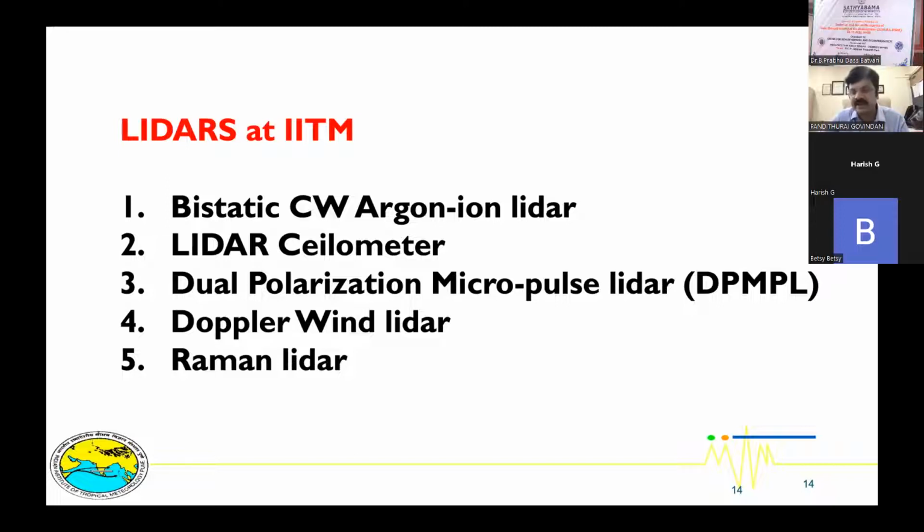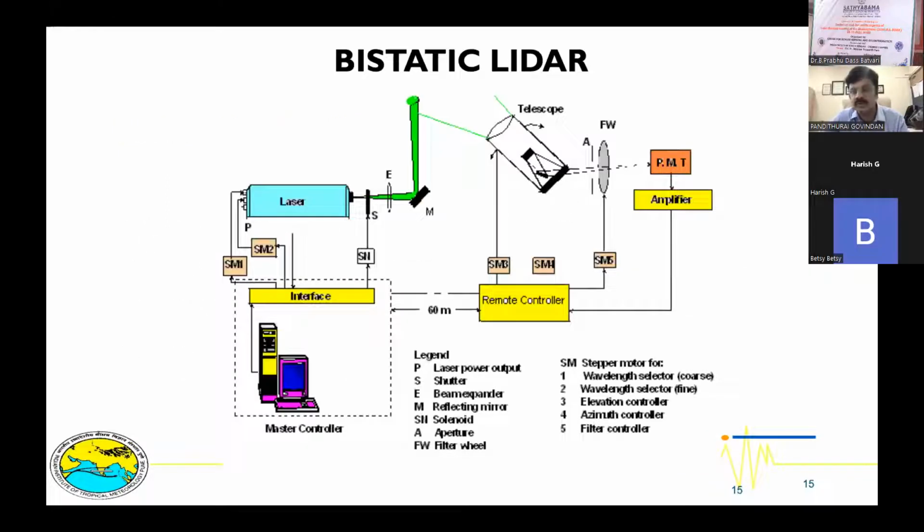But given the limit of time, I will restrict myself to aerosol cloud interactions and give some examples from the old bistatic LIDAR. The bistatic LIDAR was set up at IITM. There was an argon ion laser which emits green wavelength radiation, and we had a telescope situated about 60 meters away from the transmitter.